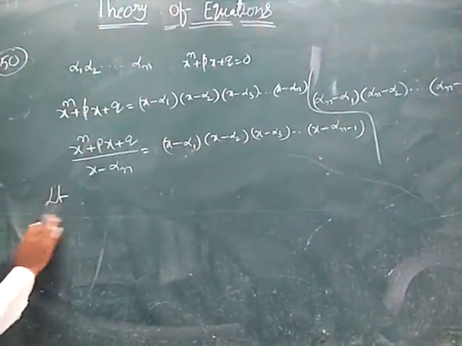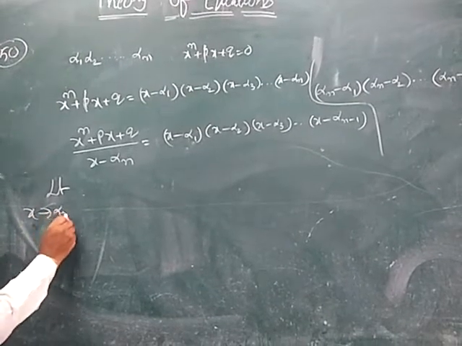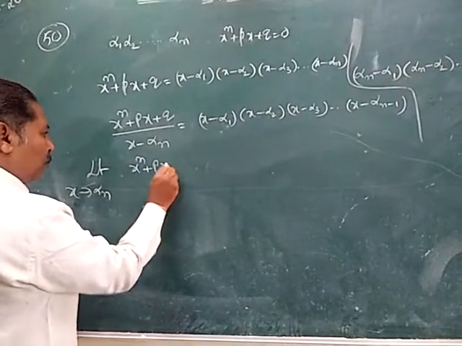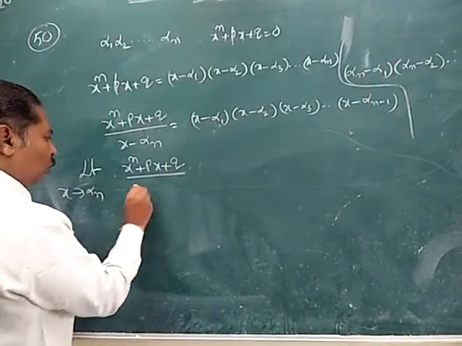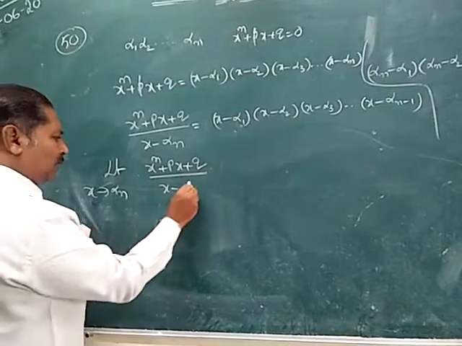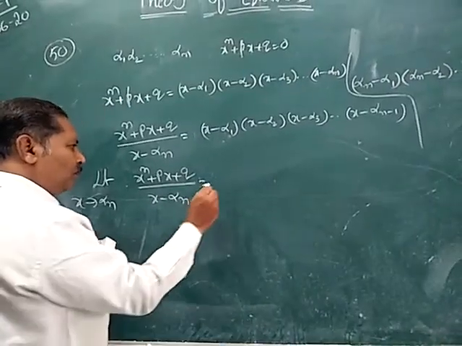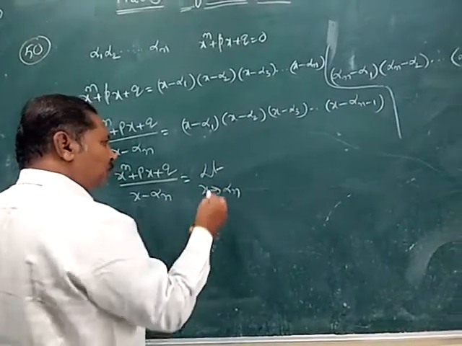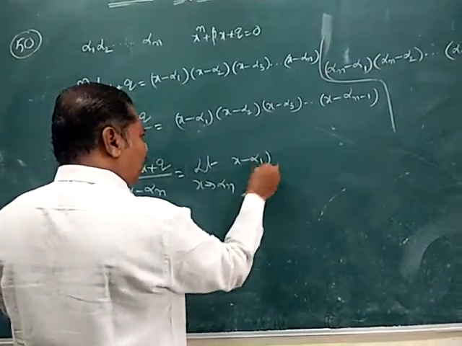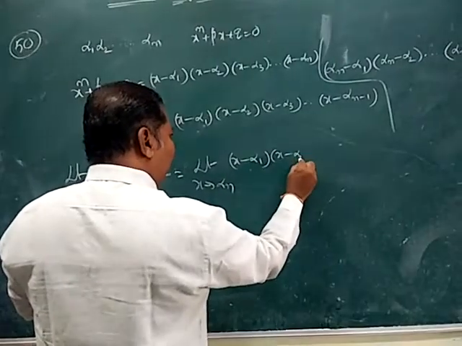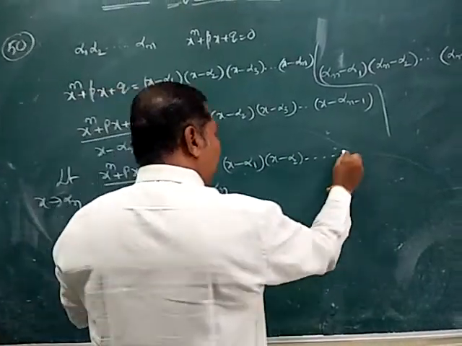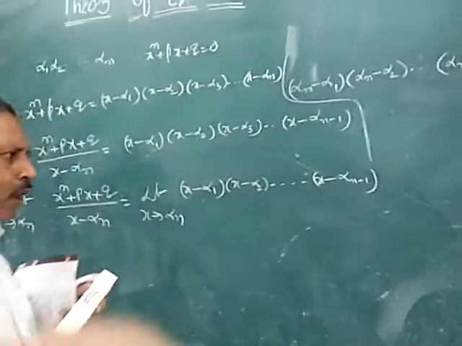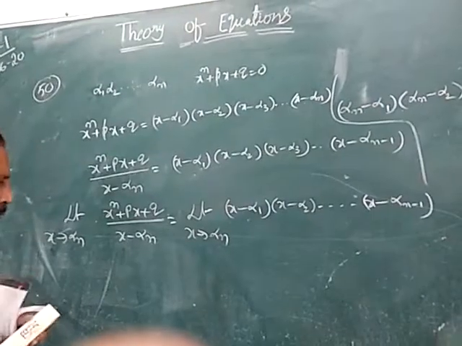Take limits as x tends to alpha n. Limit x tends to alpha n of (x^n plus px plus q) by (x minus alpha n) equals the limit of (x minus alpha 1)(x minus alpha 2) and so on up to (x minus alpha n minus 1).